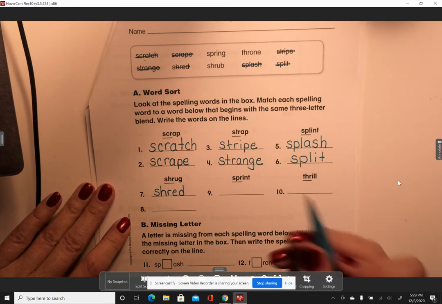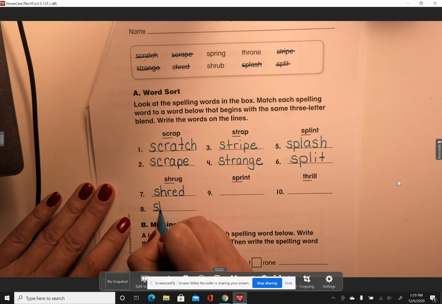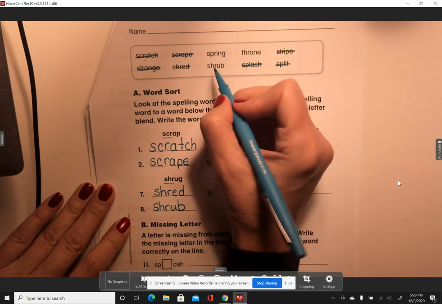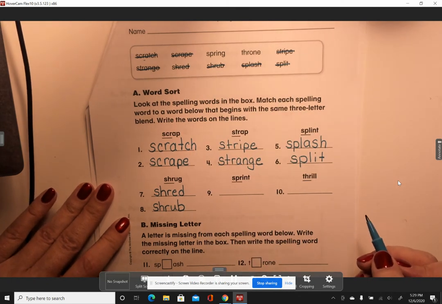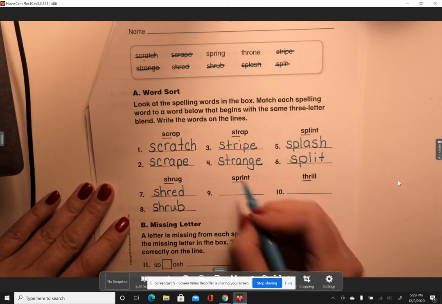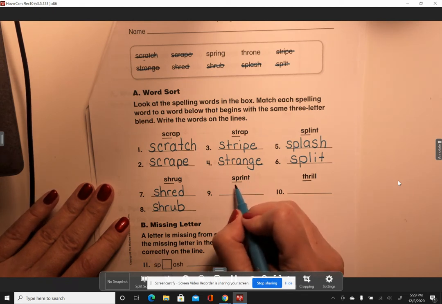And you see the other? Shrub. Yes. S-H-R-U-B. And if you're wondering what a shrub is, it's another word for a small little bush like you might have in your front yard.